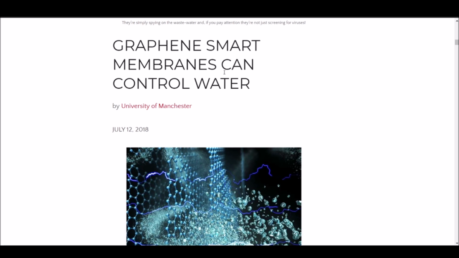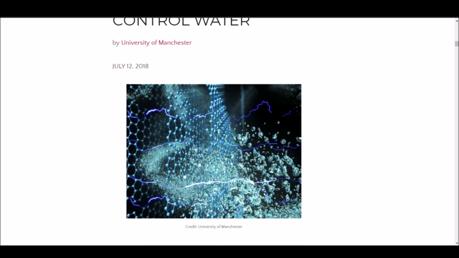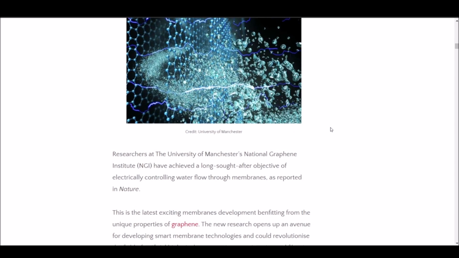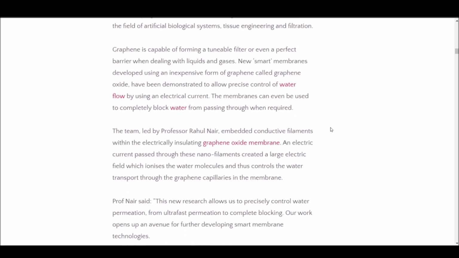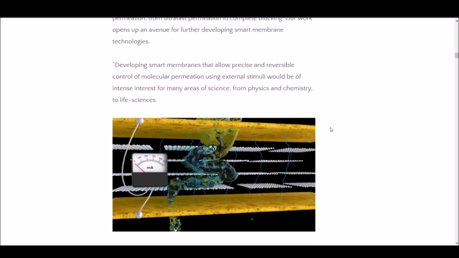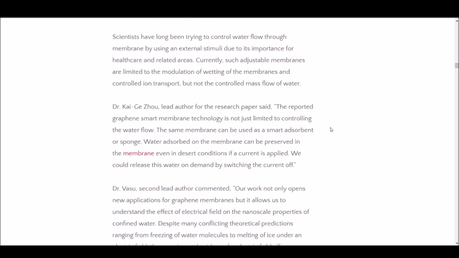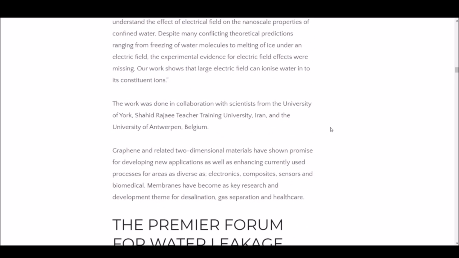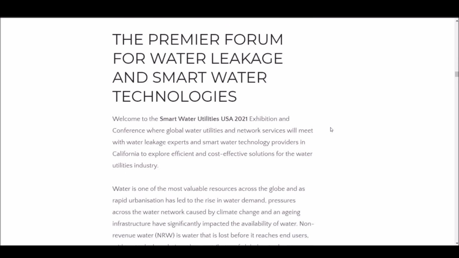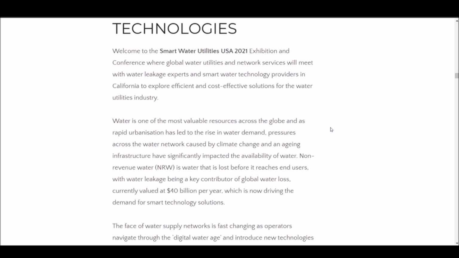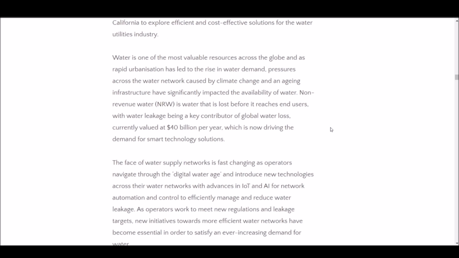Graphene smart membranes can control the water. Well, if it's controlling the water, like by the University of Manchester, it's controlling you. Oh my God. I can't believe this. What am I reading here?